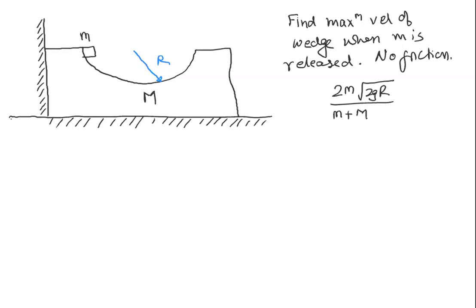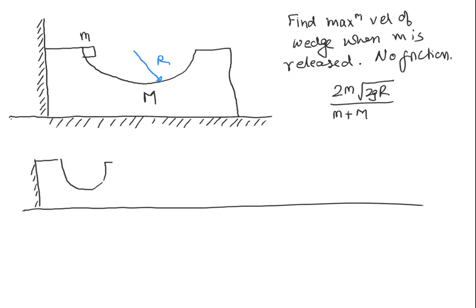So basically, what is going to happen here is that, let's see if we agree on the theory first. Picture one: this guy comes down, its velocity will be root 2gr, and the wedge has not moved yet.